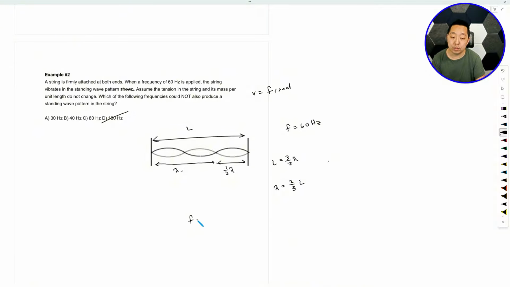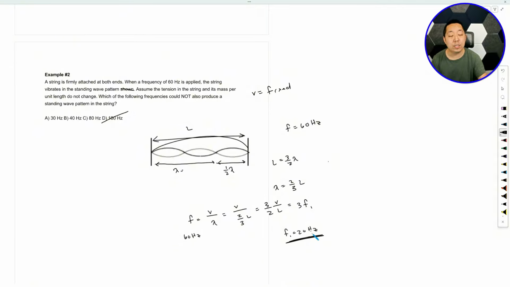And so our frequency is the velocity over the wavelength, right? Because velocity is wavelength times frequency. That's velocity over 2/3 L. And this is 3 times V over L. So this is 3 times the fundamental frequency. Okay? So that means this is 60 hertz, and our fundamental frequency, F1, is 20 hertz.